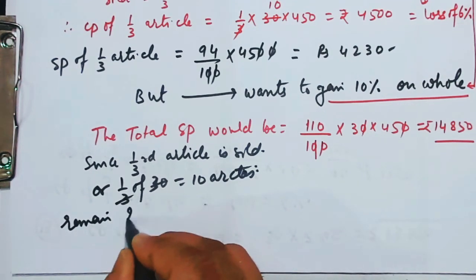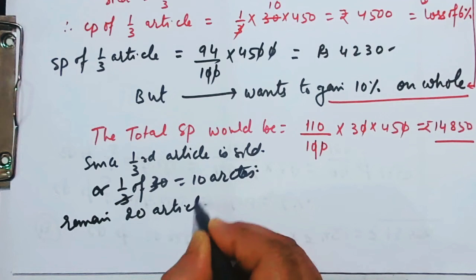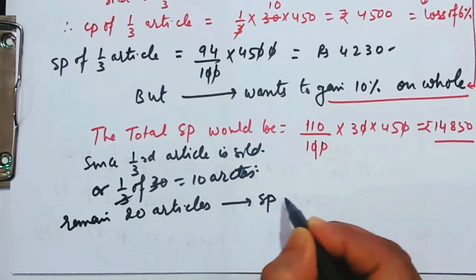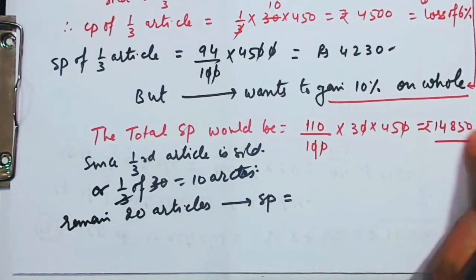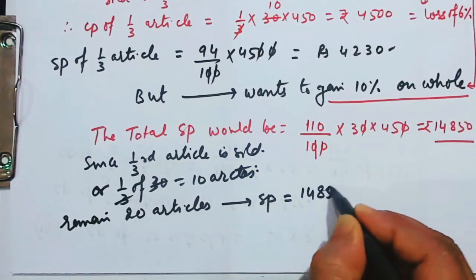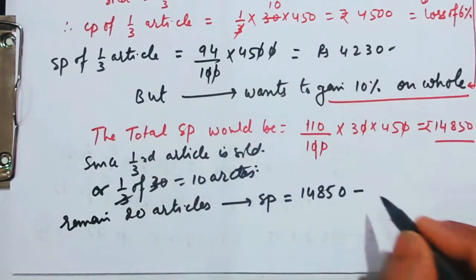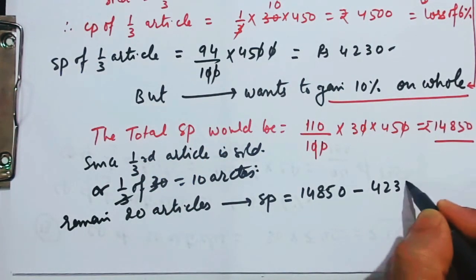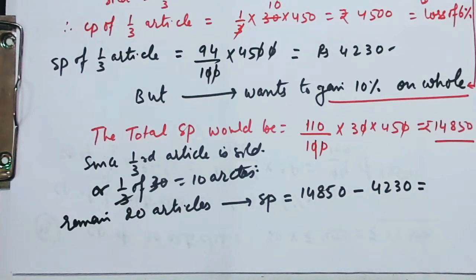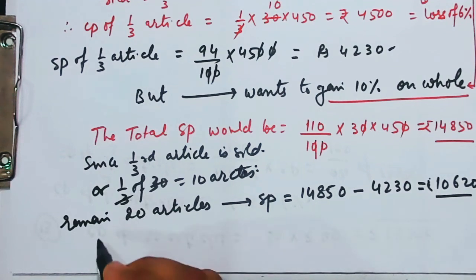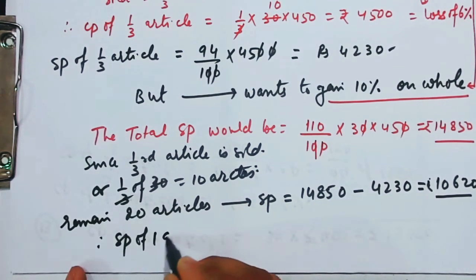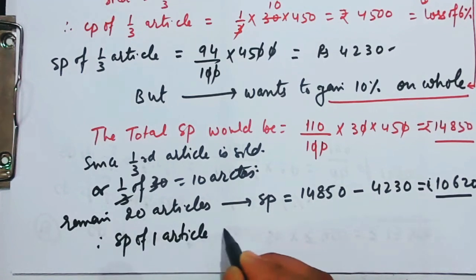So the selling price of the remaining 20 articles will be 14850 minus the selling price of 1/3 article, 4230, which will be equal to how much? 10620. 10620 will be the selling price, so should be the remaining price of 20 articles. Therefore selling price of one article will be equal to how much?